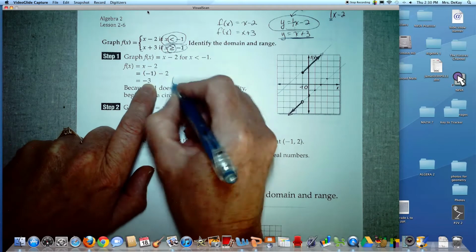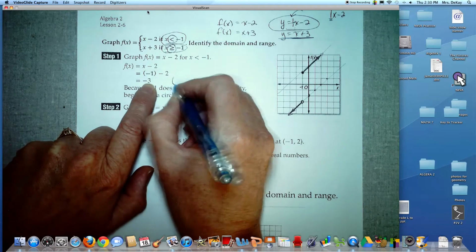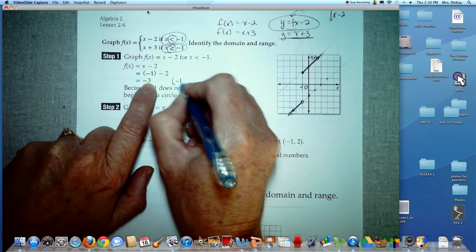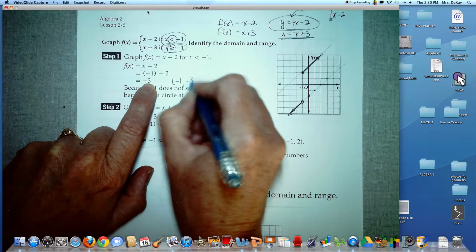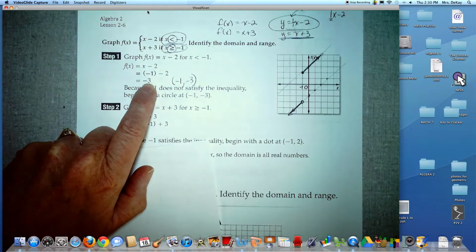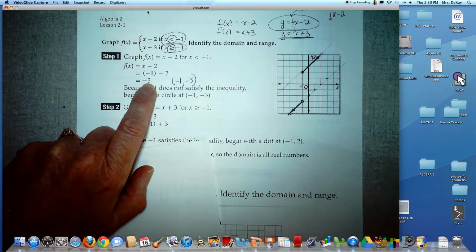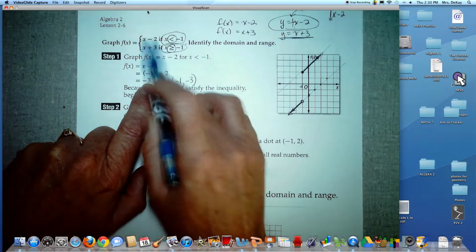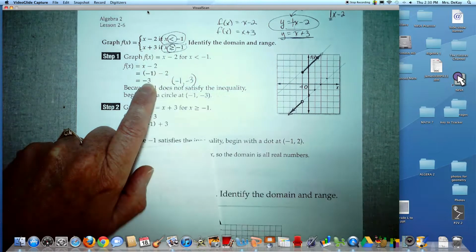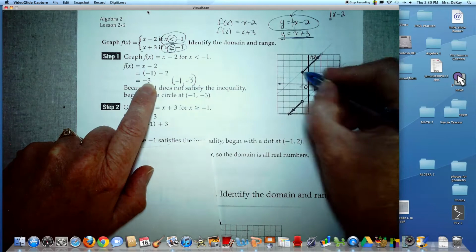So their first point was going to be at -1, -3. So you can figure out your point that way. It comes from the other part of the thing. This is a real simple equation; if it was something else, you weren't going to be able to figure that out. But yes, you can figure that out.